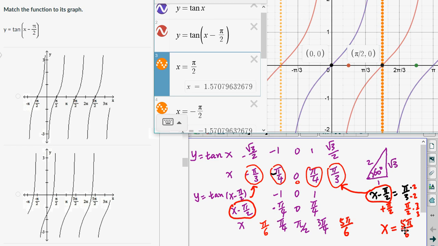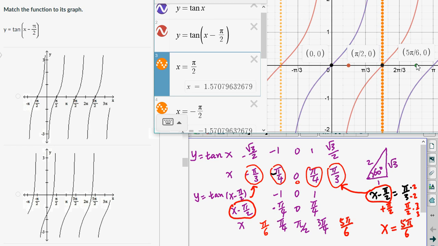Then you need x to be 5 pi over 6. So you click on this point. Previously, you just needed pi over 3 to get radical 3 over 2. Now you need 5 pi over 6. You get radical 3 over 2. So you see it shifted from pi over 3 to 5 pi over 6.